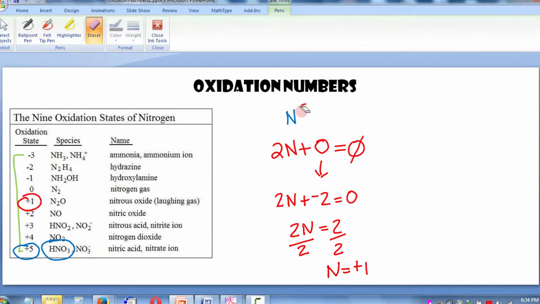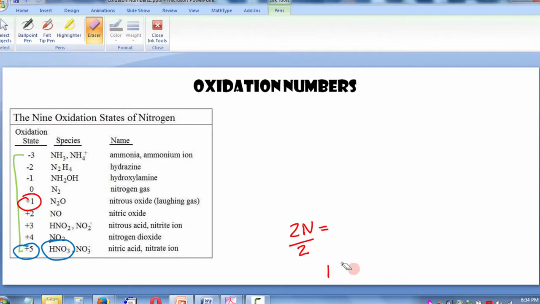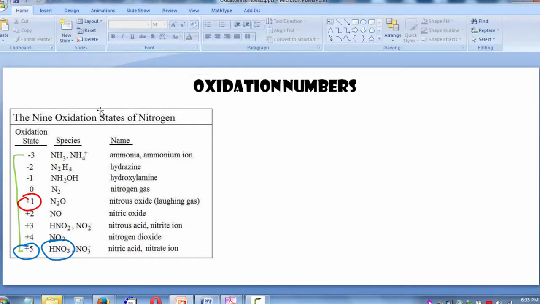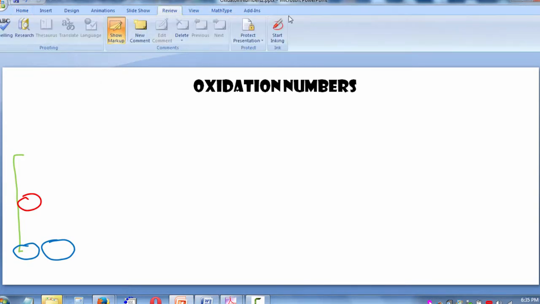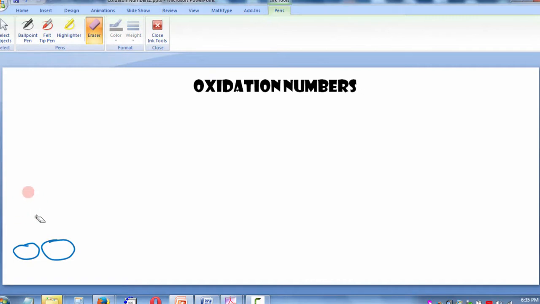So, let's work some other examples. Let's try dichromate, the dichromate ion, which is Cr2O7 with a 2 minus charge.